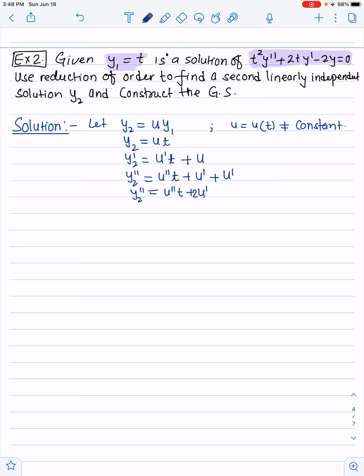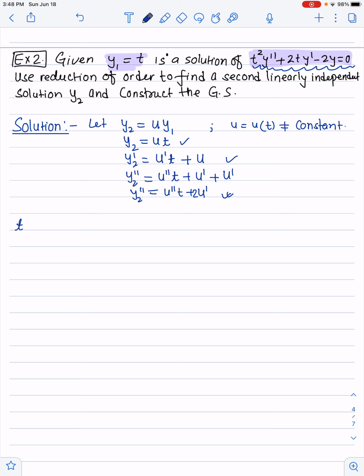And then since y2 is also a solution of the given DE, y2 will satisfy this DE. So I'm going to plug the values of y2 prime and y2 double prime into the given differential equation.